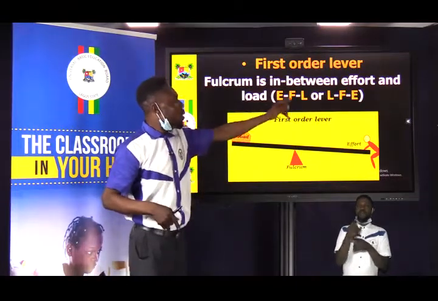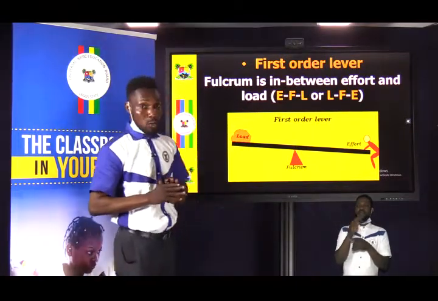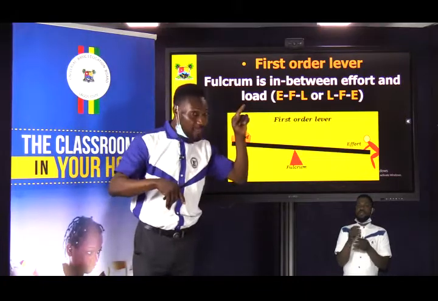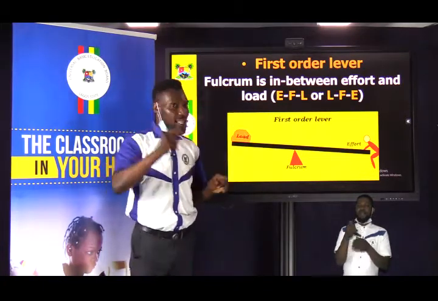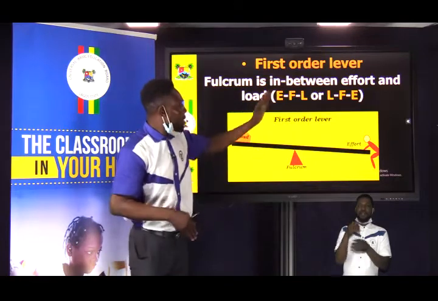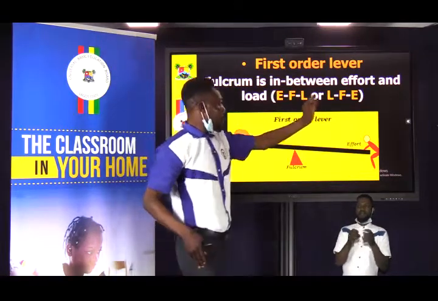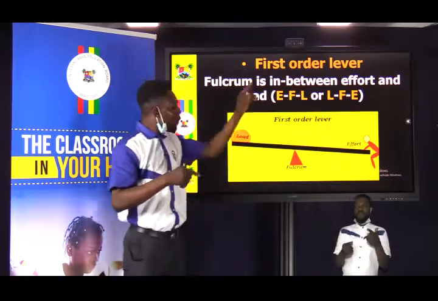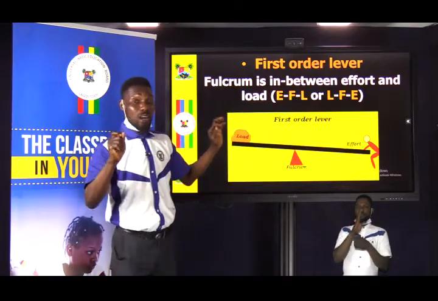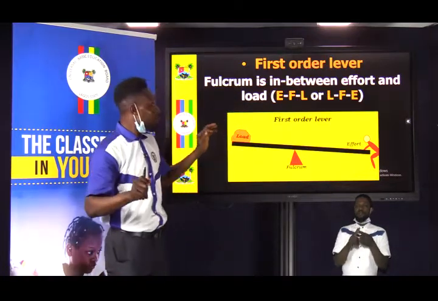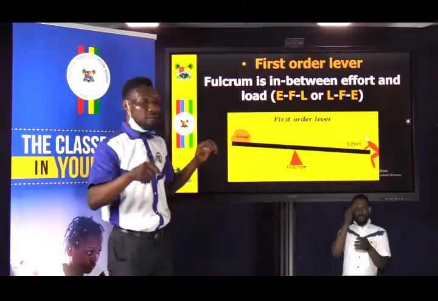So with fly, the fulcrum is always in the middle. Anytime you hear fly, that means the fulcrum will be in the middle. Effort could be here, load could be there, or load here and effort there, but your fulcrum should be in the middle. That's how to recognize a first class lever.